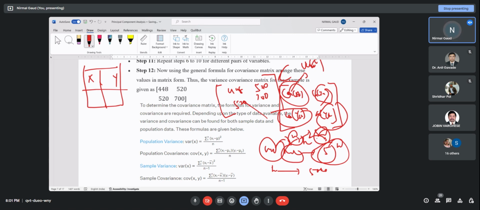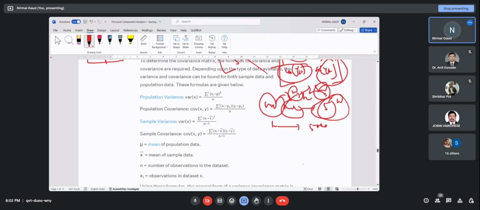For example, an opinion poll for the election. They did not consider everyone; they took only a sample of people, 4,000 or 5,000. And that's what I explain to every student.